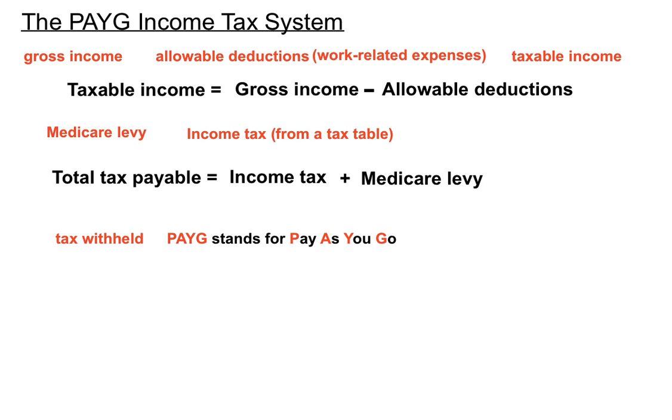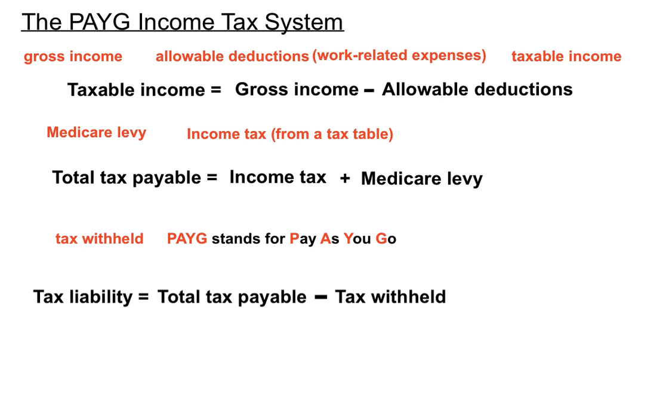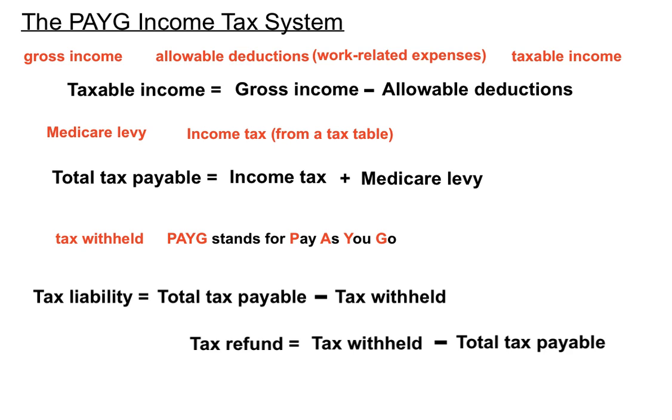Out of Ethan's pay each fortnight and out of most workers' pays, a tax amount goes to the tax department, so you only have to come up with a little bit of a calculation difference at the end. So depending on whether you've paid more than you need to or a little bit less than you need to, you might have a tax liability to send to the tax department at tax time, or you might get a little refund, depending on which is bigger, your total tax payable or the taxes you've paid so far, called tax withheld. So there's a lot of terminology there.